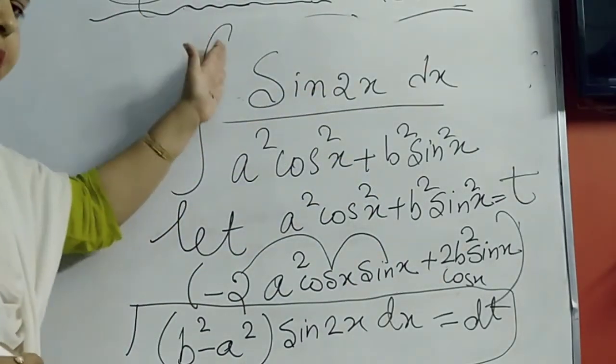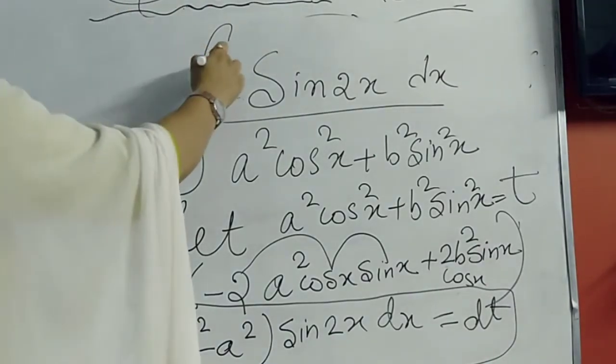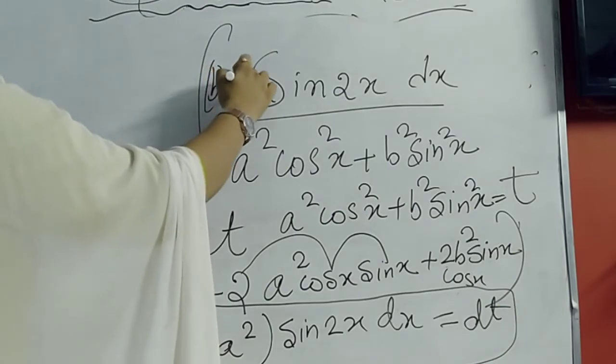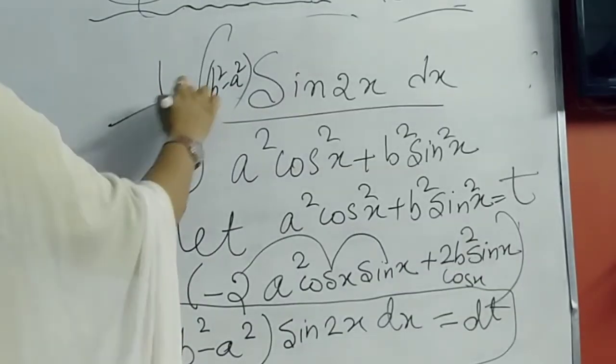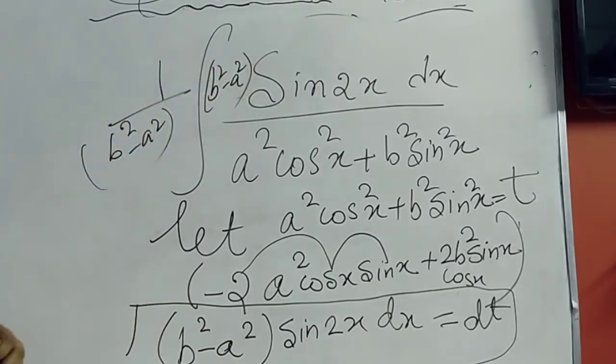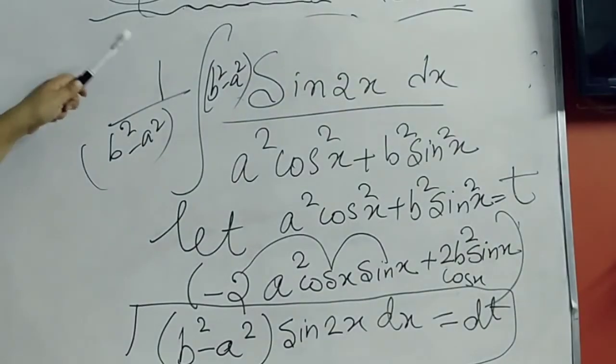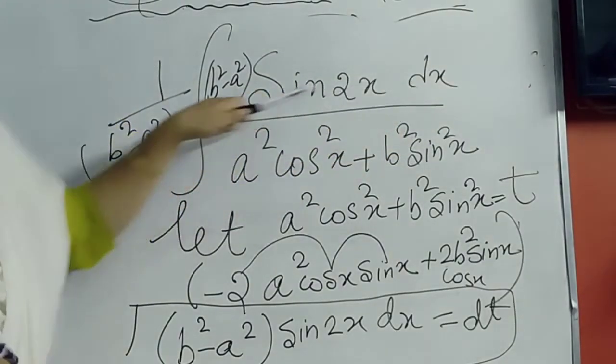Do we have a b squared minus a squared here? No, we do not. But it can be removed by multiplying the numerator and the denominator by b squared minus a squared. So now this entire thing is dt and this entire thing is t.